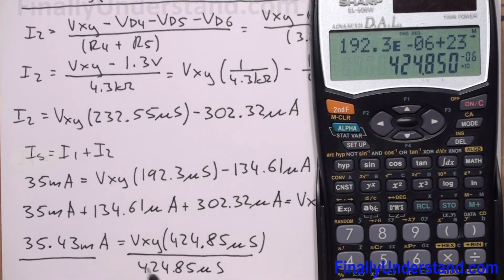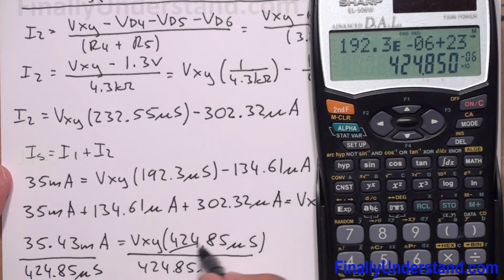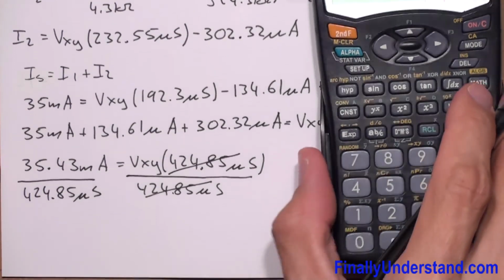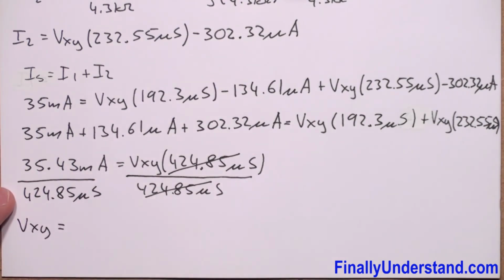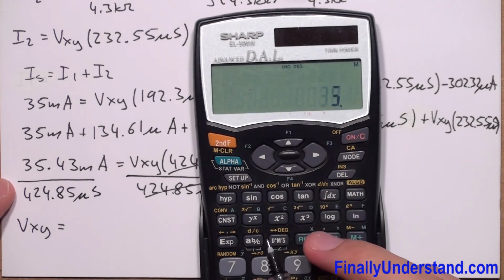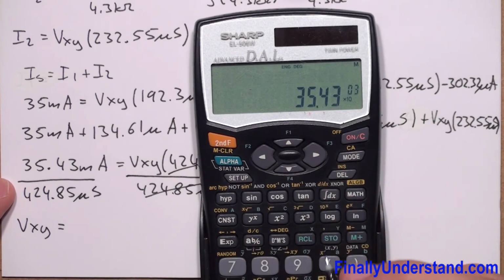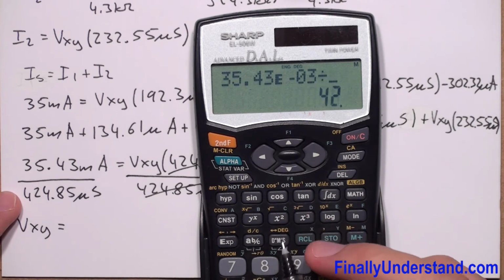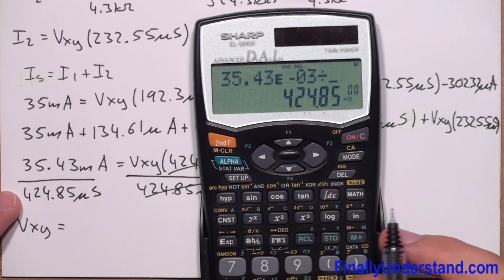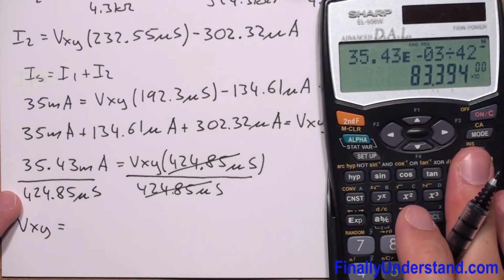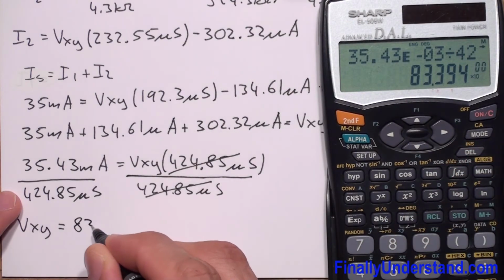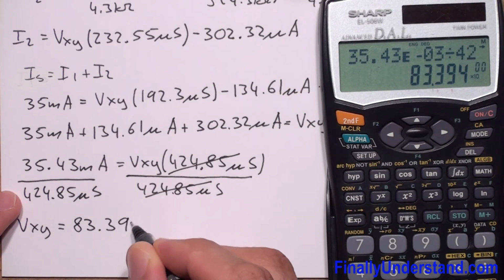Now, in order to find VXY, I have to divide both sides of the equation by 424.85 microsiemens. So I'm going to have VXY is equal to 35.43 exponent negative 3 divided by 424.85 exponent negative 6, which is 83.39 volts.